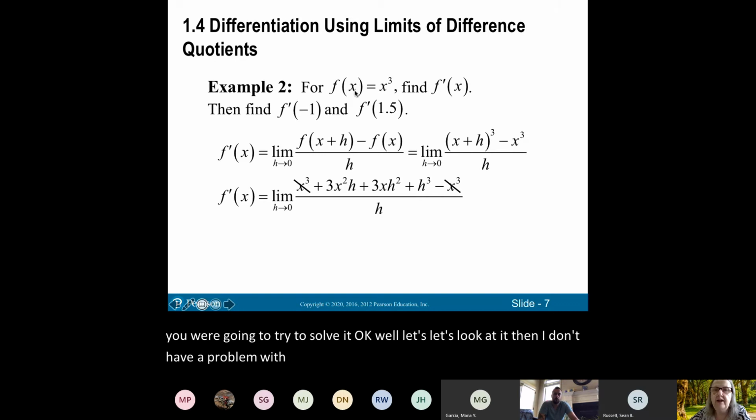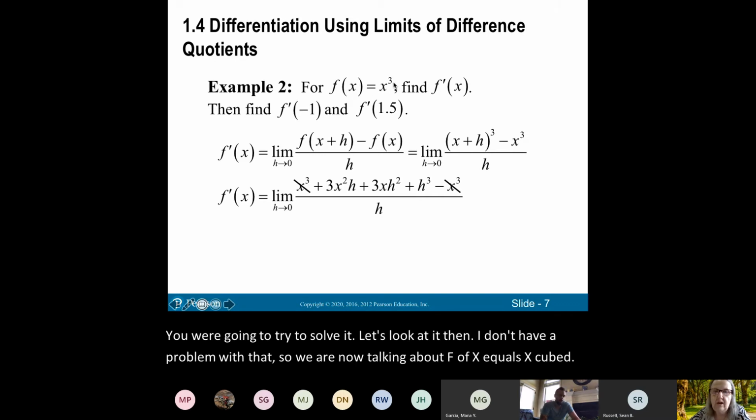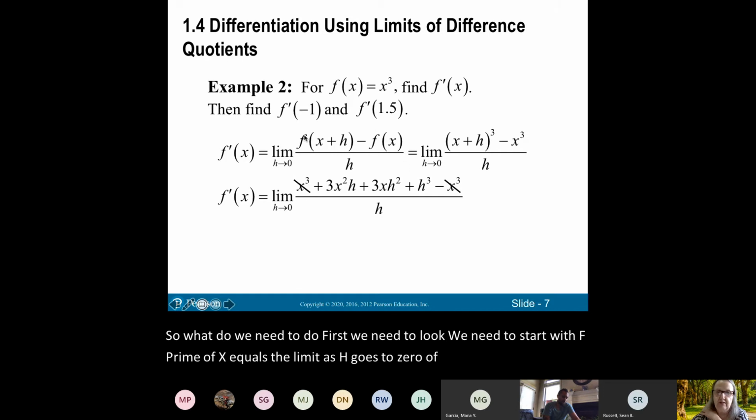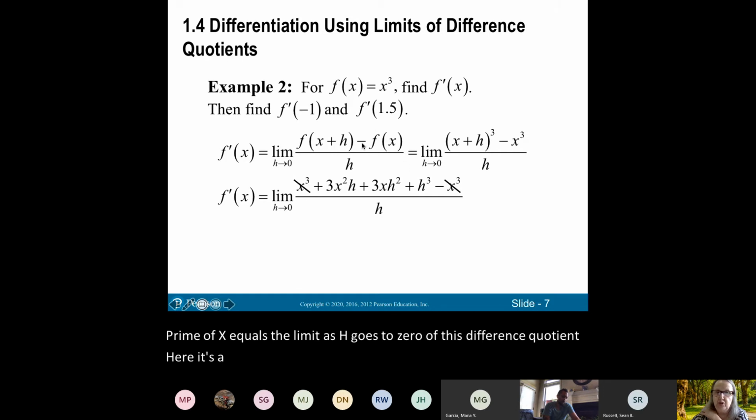So we are now talking about f of x equals x cubed. So what do we need to do first? We need to start with f prime of x equals the limit as h goes to 0 of this difference quotient here. It's a difference because it's a subtraction, and it's a quotient because of this division symbol here.